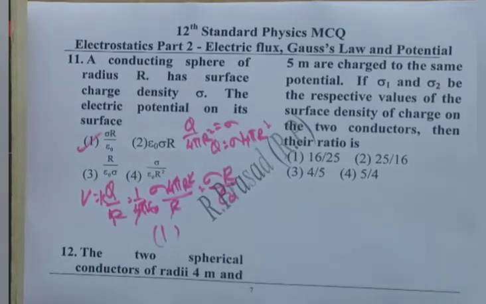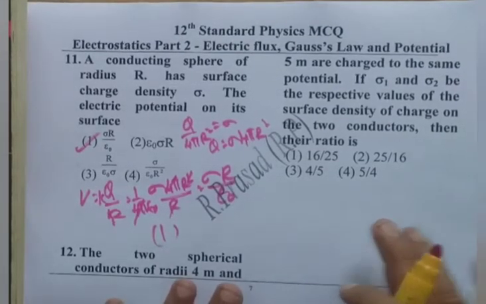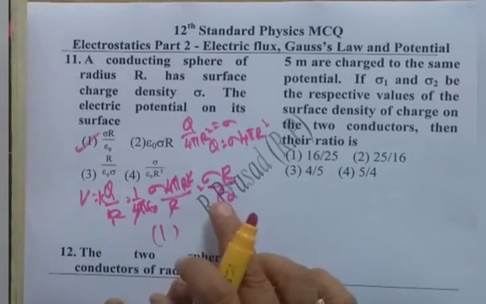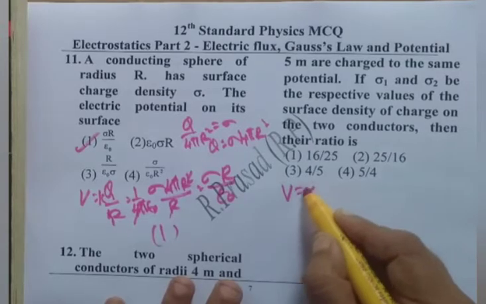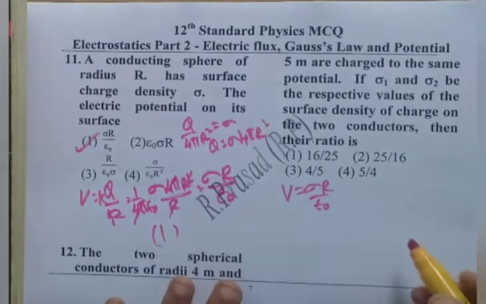We think of the 12th one now. The two spherical conductors of radius 4 meter and 5 meter are charged to the same potential. If sigma 1 and sigma 2 be respective values of the surface density of the charge on the two spheres, then their ratio is, say, we can use the formula directly that we got as the answer for the 11th question. That means potential on a sphere is sigma r by epsilon naught.